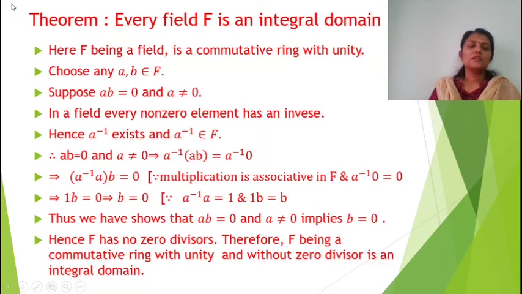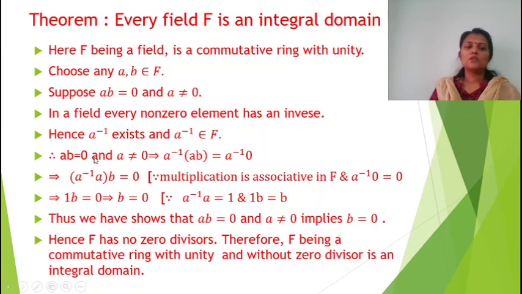For that, take any two elements a, b of F, and suppose that ab equal to 0 and a not equal to 0. In a field, we know that every non-zero element has an inverse. So since a is not equal to 0, a inverse exists, and a inverse is an element of the field F.